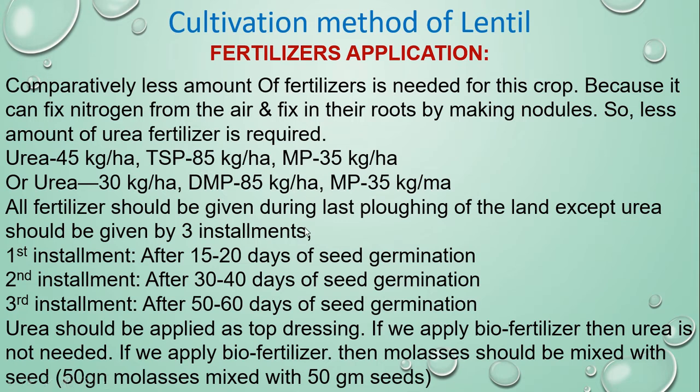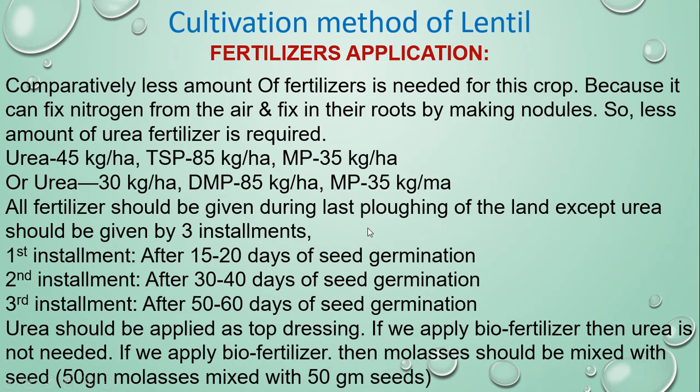That is why this plant does not need that much nitrogen fertilizer, so we apply a lesser amount of urea. That is urea 45 kg per hectare, TSP 85 kg per hectare, and MP 35 kg per hectare. Or urea 30 kg per hectare, DAP 85 kg per hectare, MP 35 kg per hectare.